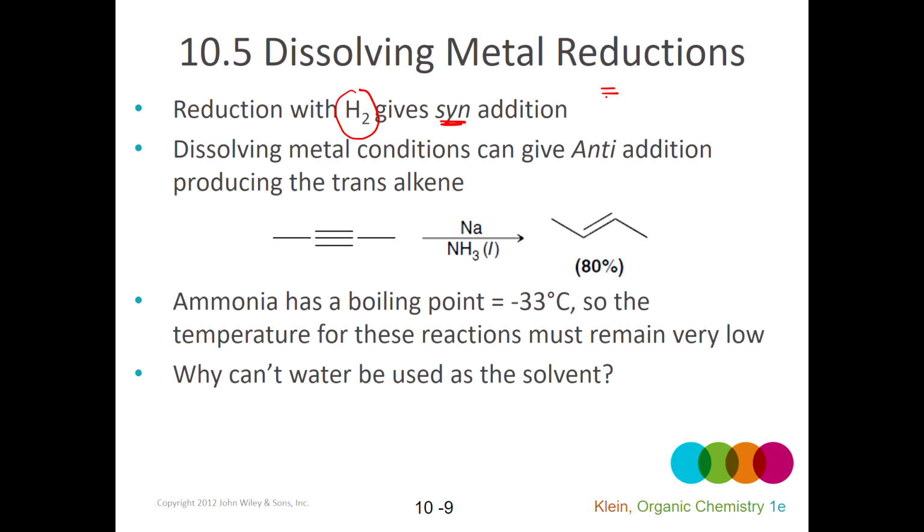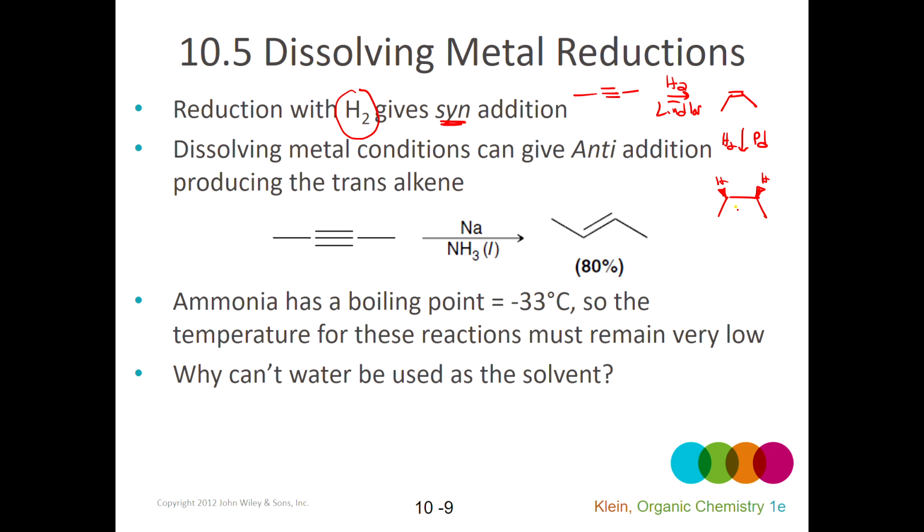So that either converts an alkyne into a cis alkene, or if I'm not using the poison catalyst and I'm just instead using a standard palladium or platinum or nickel catalyst, it still adds the hydrogens to the same side, so I'd still be getting a syn addition.